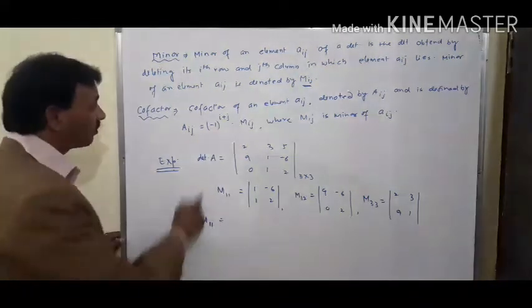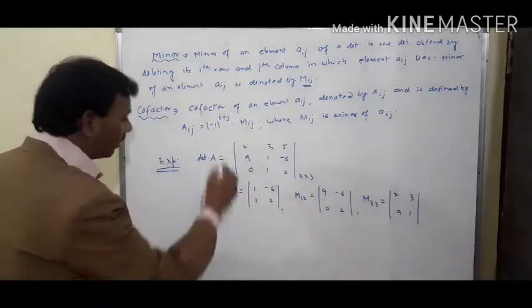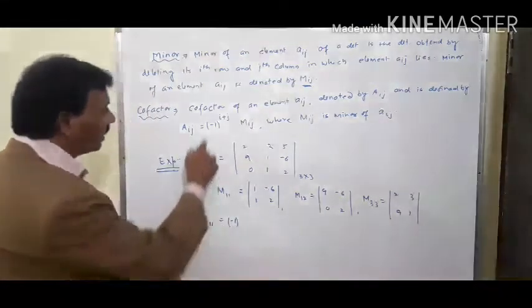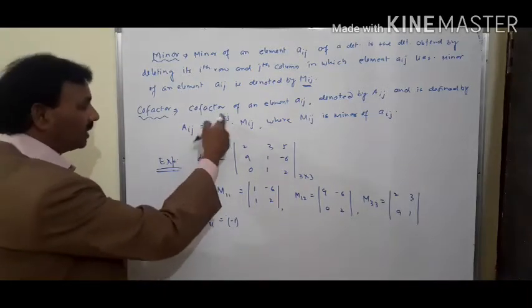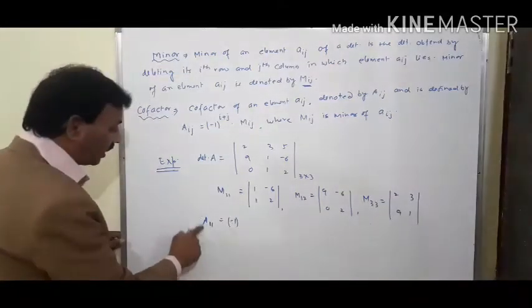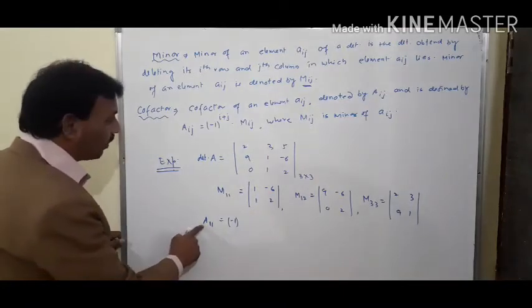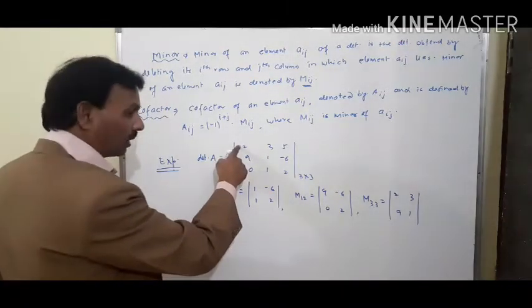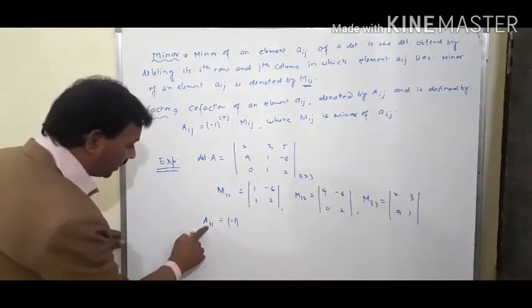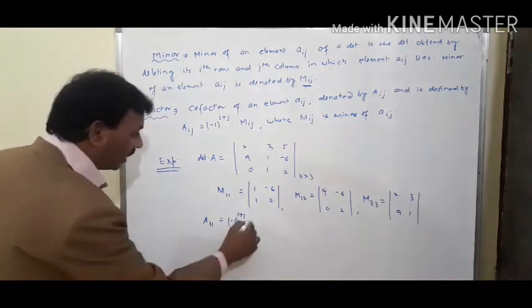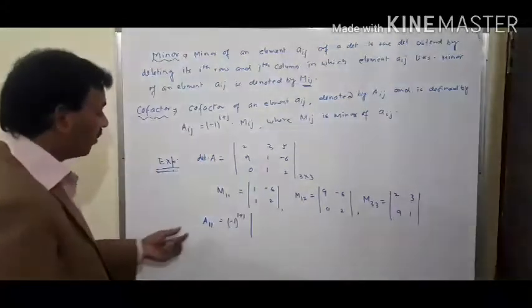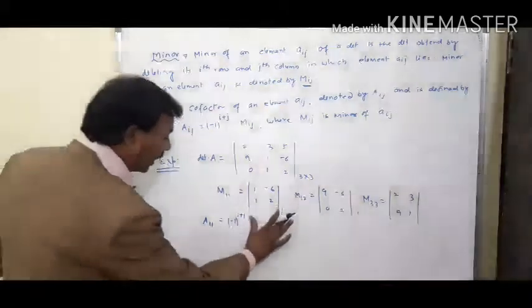A11 equals minus 1 raised to the power i plus j, where i means the row number and j means the column number. So for the first row and first column we put 1 plus 1, into the minor of aij.